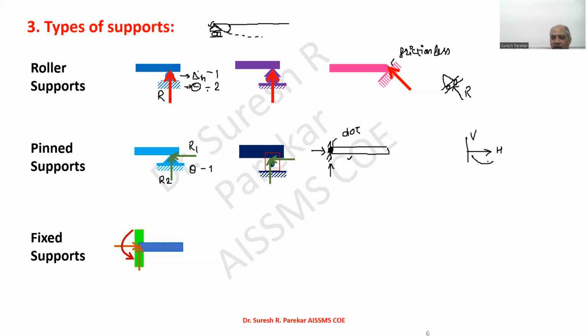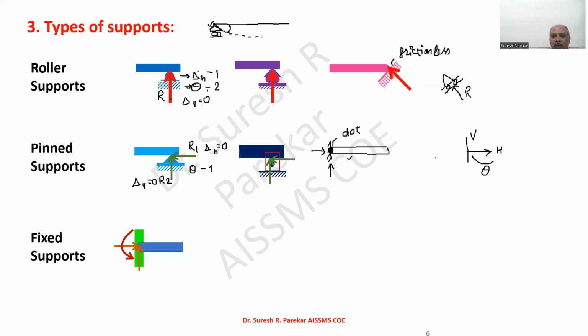And third, we have rotation. So if you have vertical reaction, then my vertical displacement will be 0. As I have horizontal reaction, my horizontal displacement is 0. My vertical displacement is 0. Means you have a reaction or you have displacement.